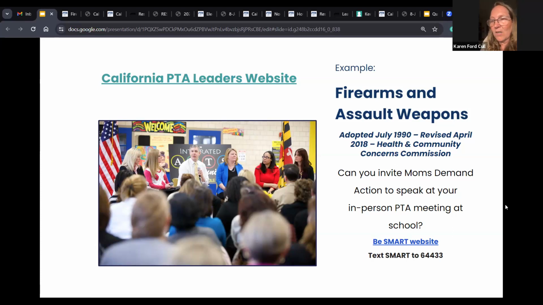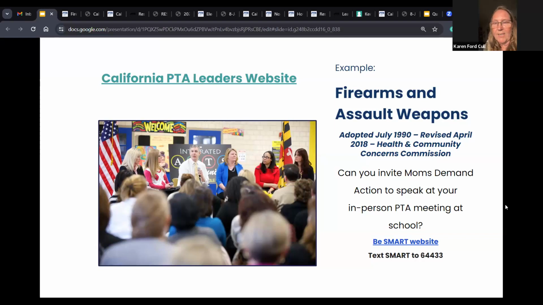And what they'll talk about, they won't talk about changing the law at Be Smart. What they'll talk about is how to keep guns safely in the home, about the dangers of not keeping guns safely in the home. And they'll actually sometimes bring gun locks that they'll give away for free as well. So that's an education program.